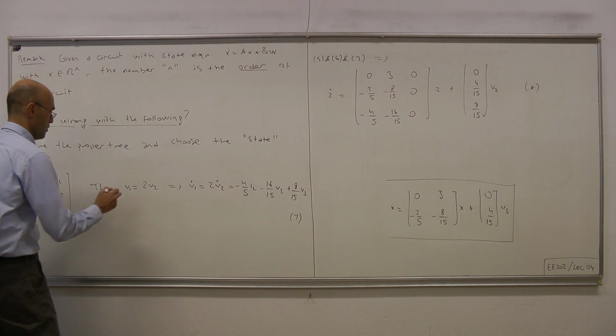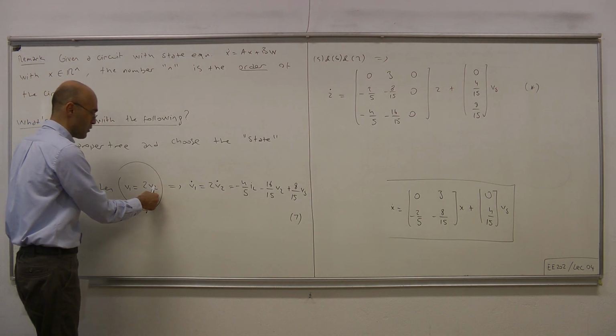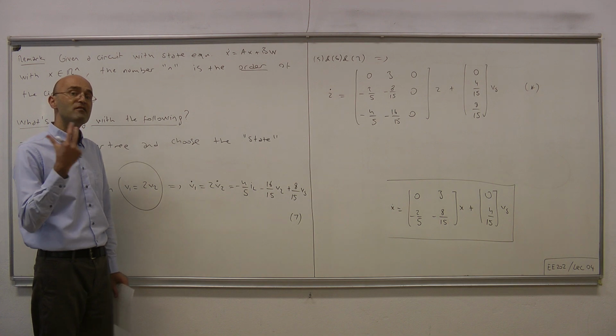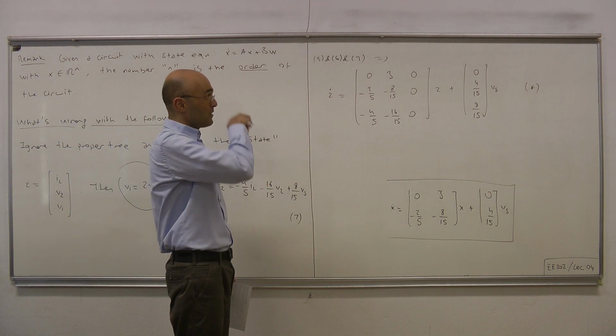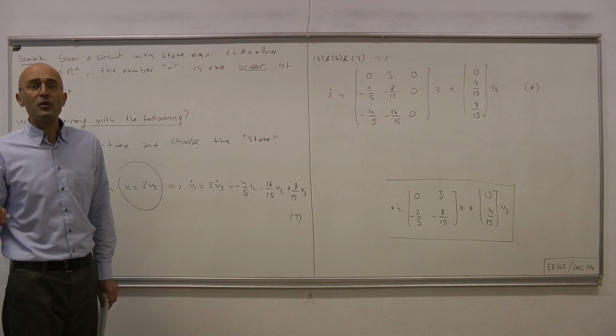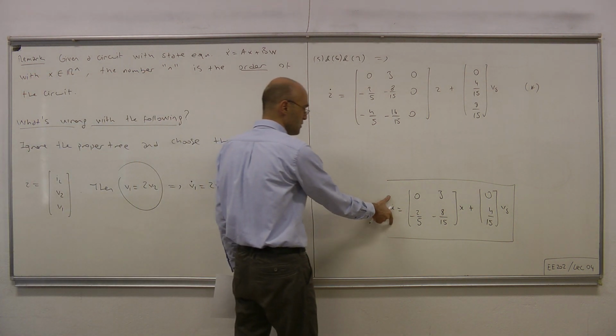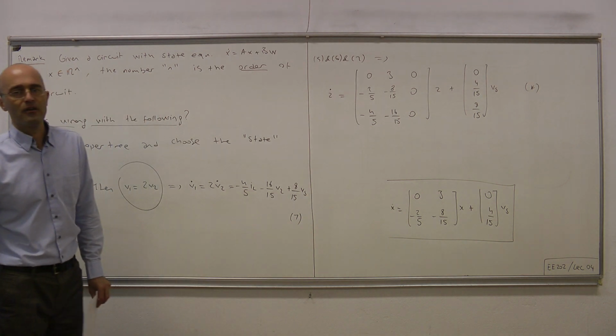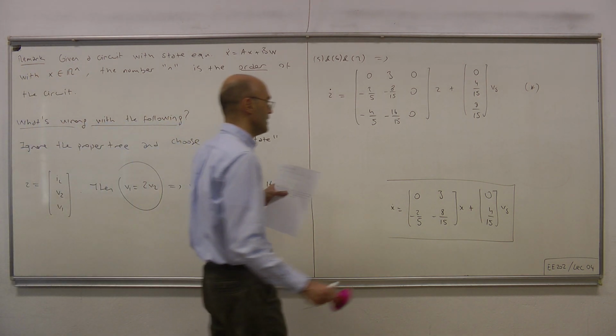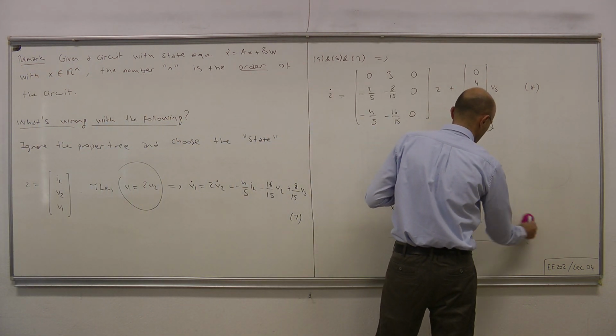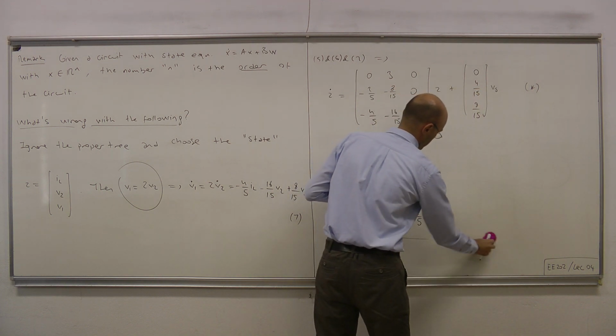Because V1(0) must equal 2 times V2(0). So you don't have the freedom of degree 3; the only freedom you have is of degree 2, and that's why this circuit is second order. Okay. So let's write that down, and then we can end this lecture.